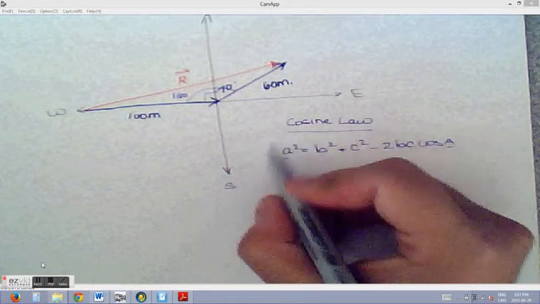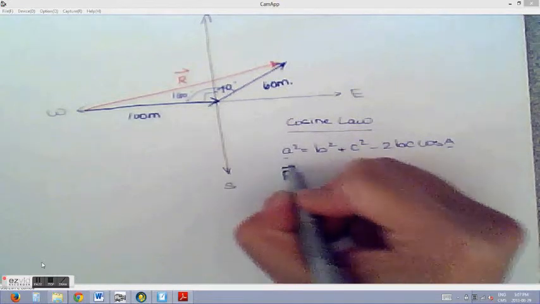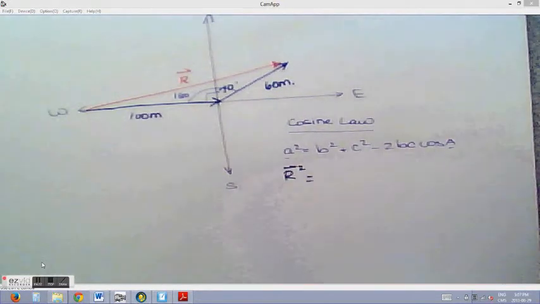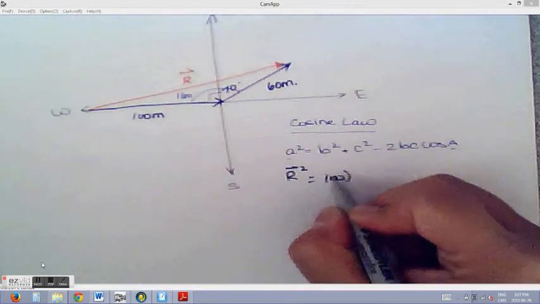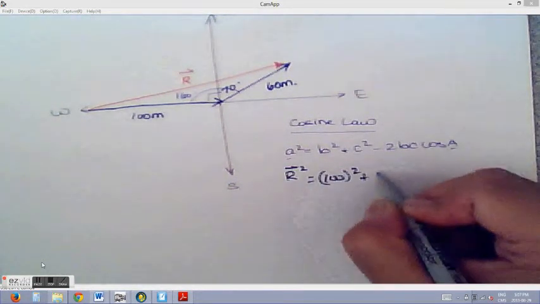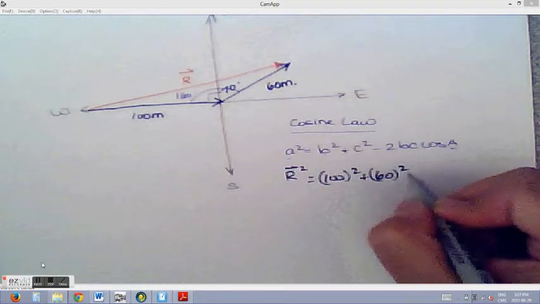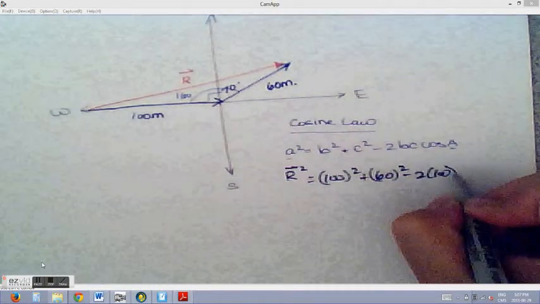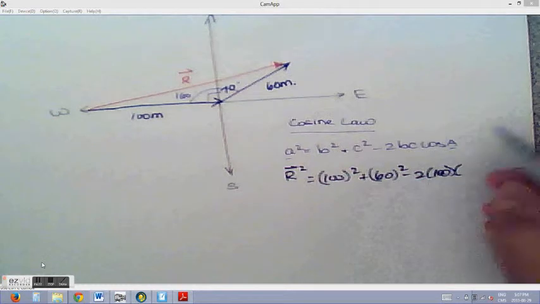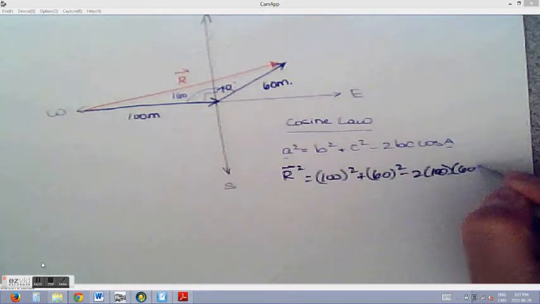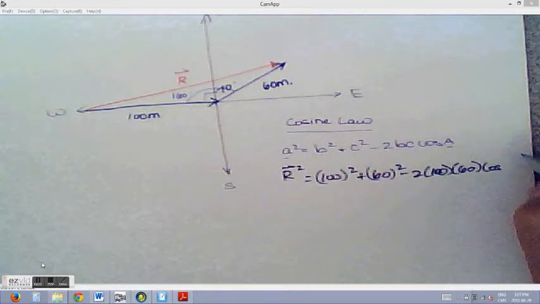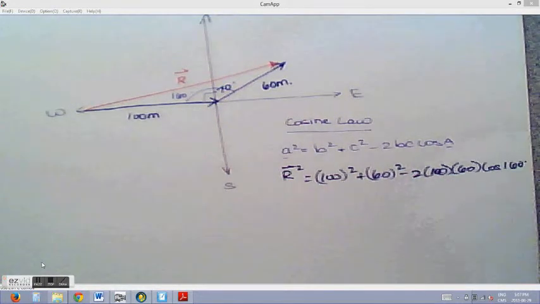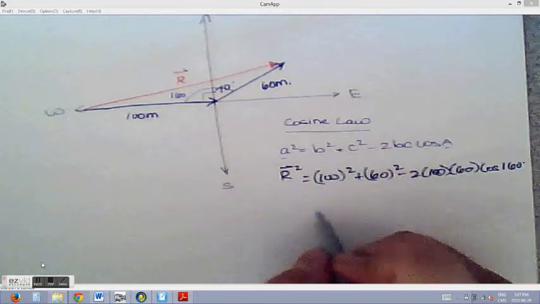So A, which is actually our resultant, squared, is equal to, I'm going to go ahead and fill this in, 100 squared plus 60 squared minus 2 times 100 times 60 times cosine of 160 degrees. Okay, and that just goes right into your calculator.